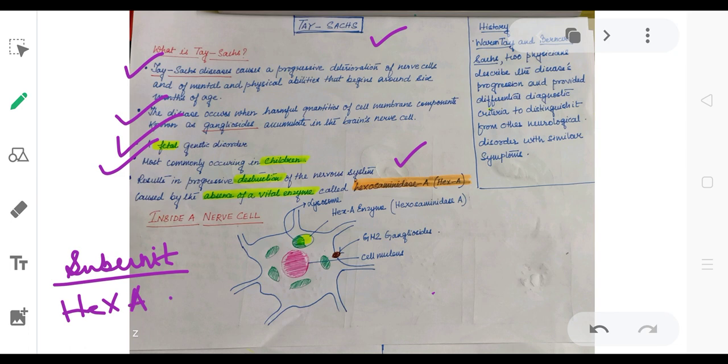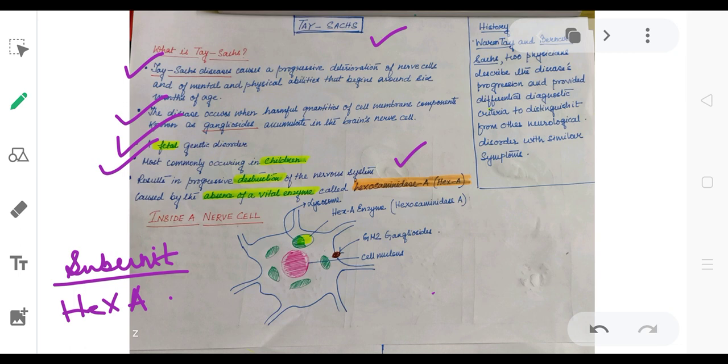It is inherited from parents in an autosomal recessive pattern, which results in a build-up of a molecule, GM2 ganglioside, within cells, leading to toxicity.